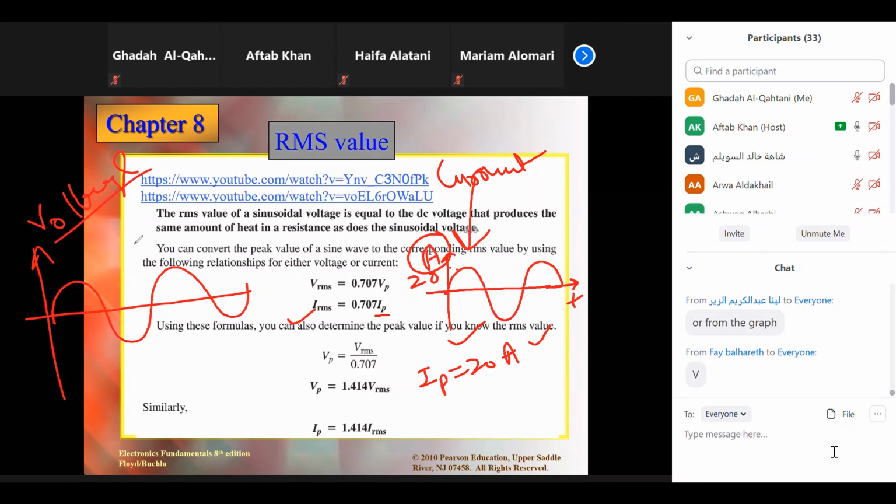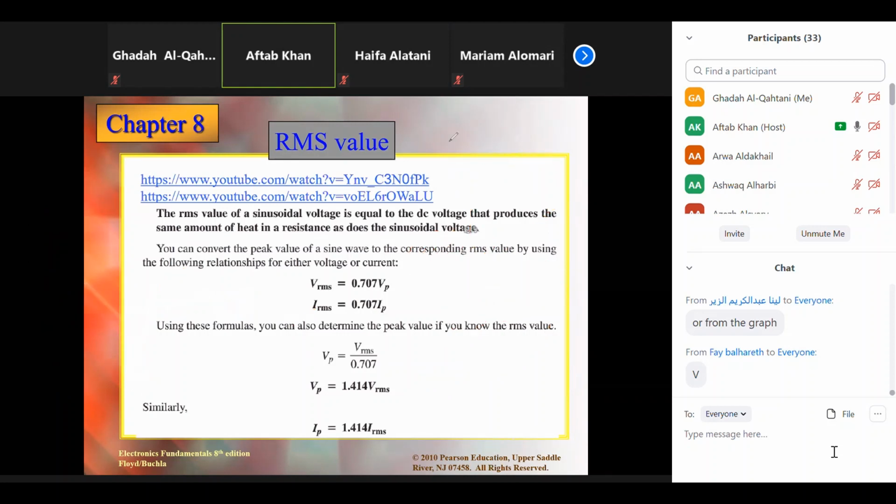Okay, but this is the only difference. If this is voltage, you can get VP. If it is current, you can get IP. That's it. Both shapes are actually the same. The shape is the same, but you need to check what is given, whether voltage or current.